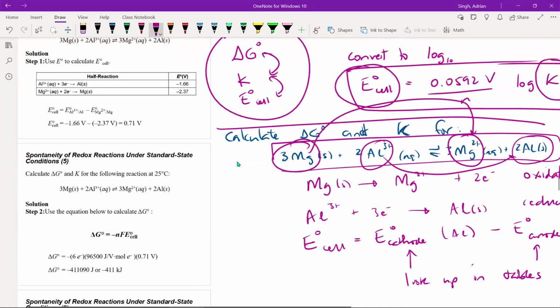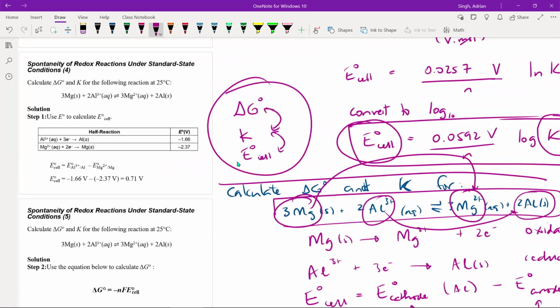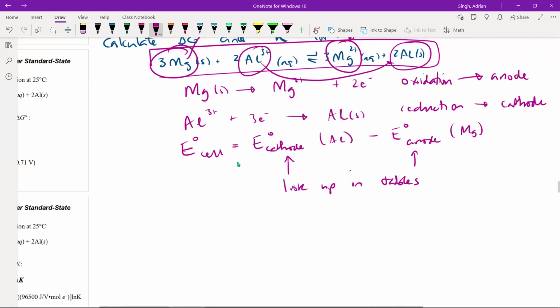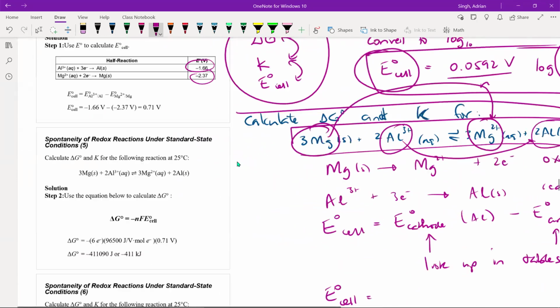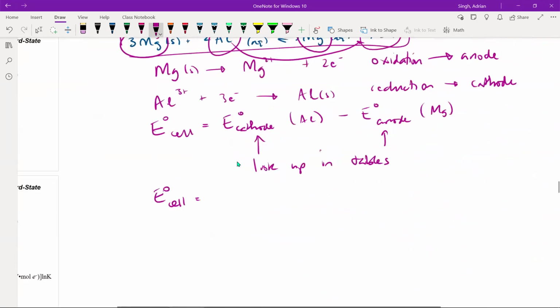So for the reduction potential for aluminum, negative 1.66, for magnesium, negative 2.37. Okay, so E of the cell. The cathode there is the aluminum, and what did we say was negative 1.66. So negative 1.66 volts. If possible, use your parentheses to make sure you don't lose track of the sign.